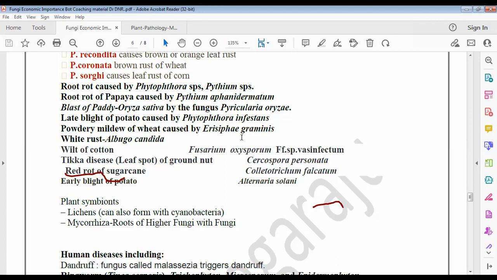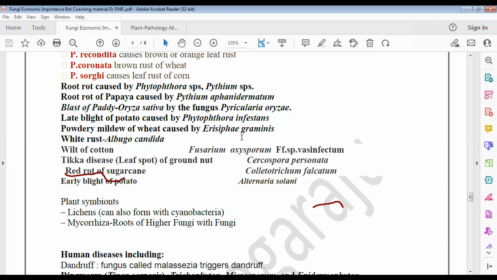You forgot? Anyone? What is the perfect stage? Don't you know? Mycosphaerella, I already told you.